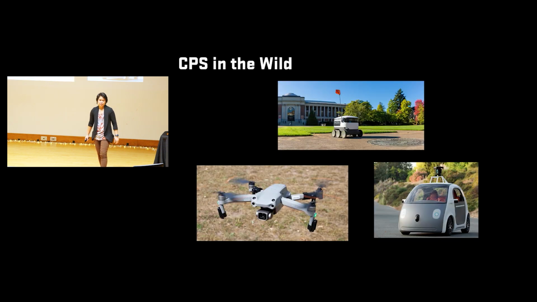Some examples of these systems include the food delivery robots that we see rolling around campus, drones that are used for photography or mapping large areas, and self-driving cars, which I like to think of sometimes as the ultimate cyber-physical system because of the many high-tech sensors it has, the different algorithms that it uses to navigate really dynamic environments.